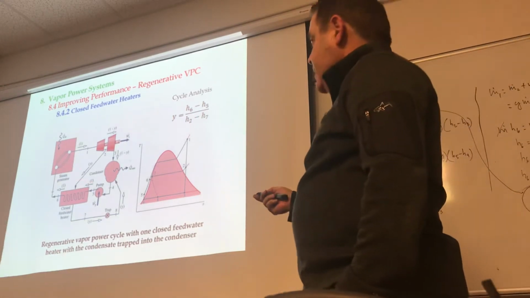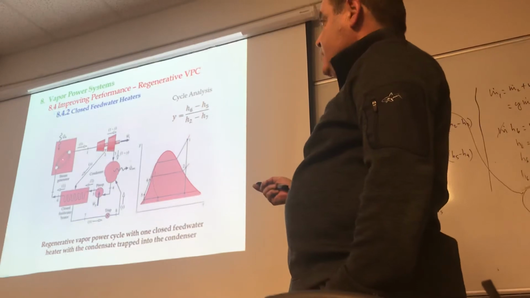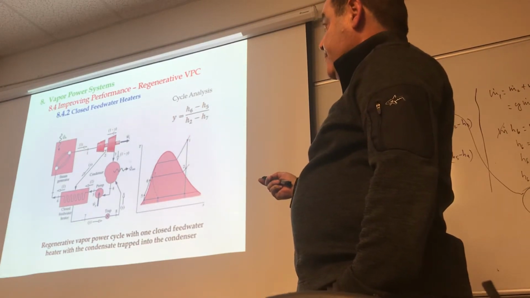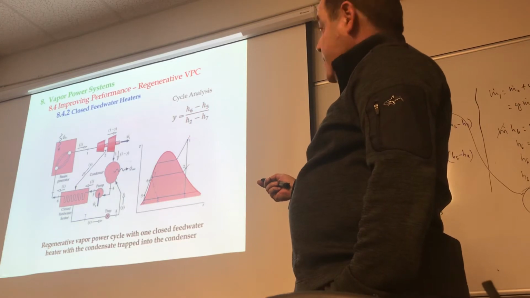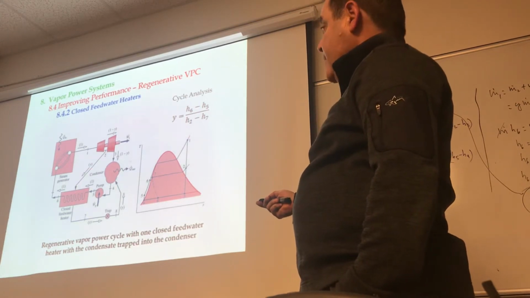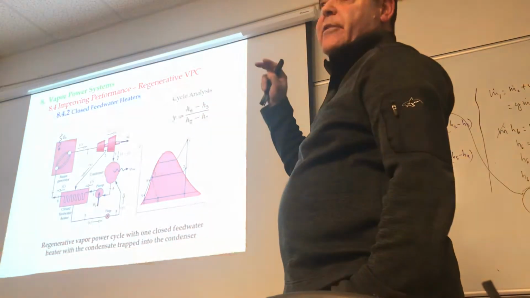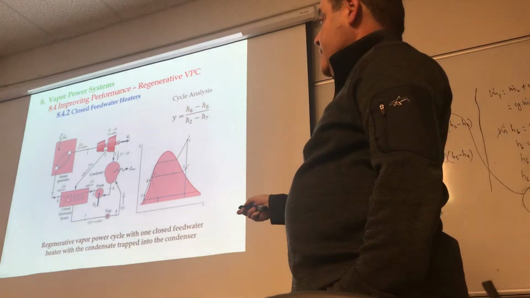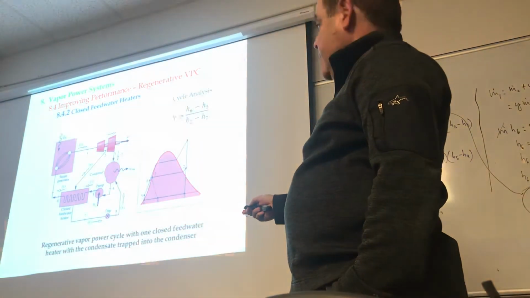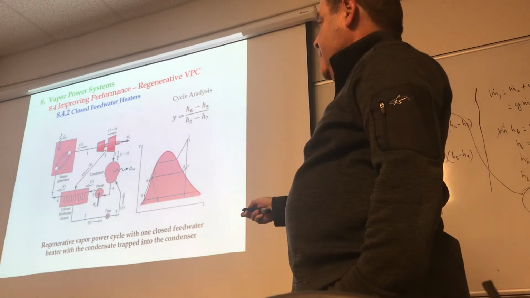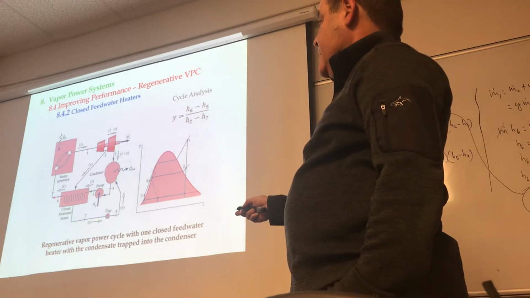Now, again, I'm not gonna spend too much time on this. This is the same thing as before. You have a steam generator starting from state number 1. You're going through the first stage expansion. You extract some steam, right? But instead of having an open feed water heater, where do you route it through? You route it through this heat exchanger, right? This heat exchanger is getting this cold fluid going this way, but in the process it gets heated up.